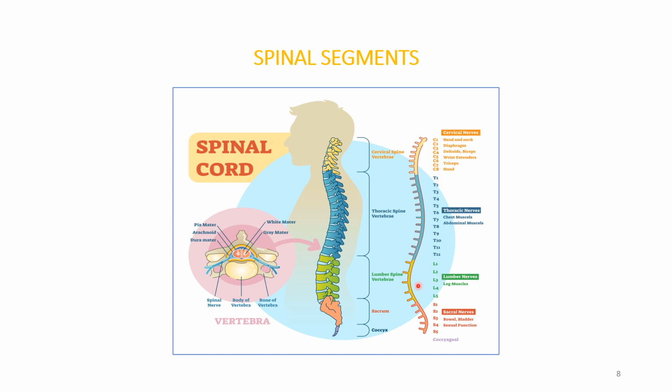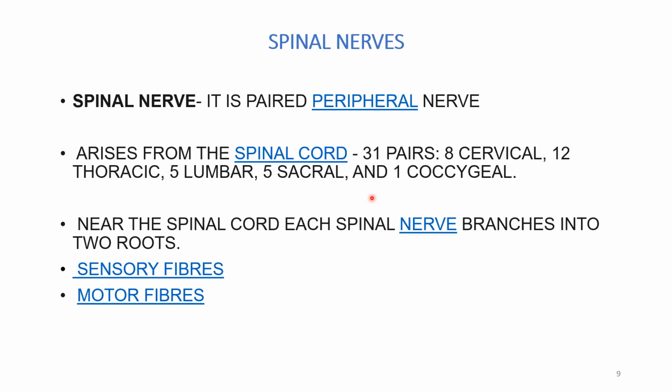So from where will spinal nerves arise? A spinal nerve is a paired peripheral nerve that arises from the spinal cord. In total there are 31 pairs: 8 cervical, 12 thoracic, 5 lumbar, 5 sacral and 1 coccygeal. Near the spinal cord, each spinal nerve branches into two roots, dorsal and ventral root.